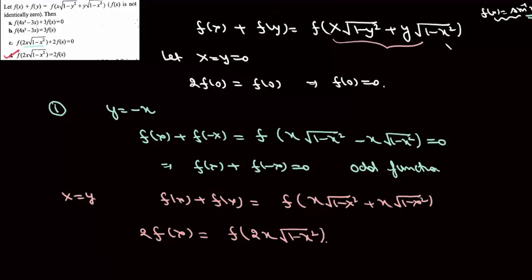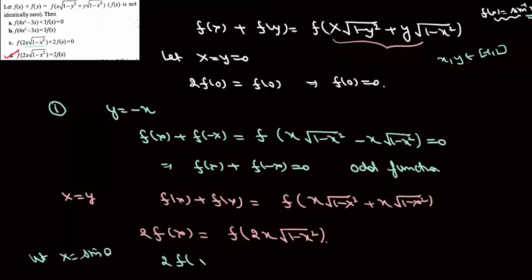Now since we have under root 1 minus x square and 1 minus y square, we know both x and y will lie between minus 1 and plus 1. So what we'll do is we'll let x as sine theta. So we can write 2f(sine theta) will be equal to f(sine 2 theta). Now this looks like sine 3 theta. So in this first equation, we'll put x as sine theta and y as sine 2 theta.